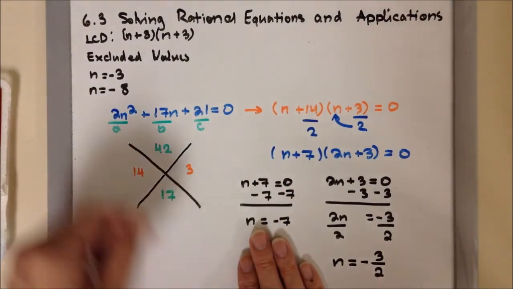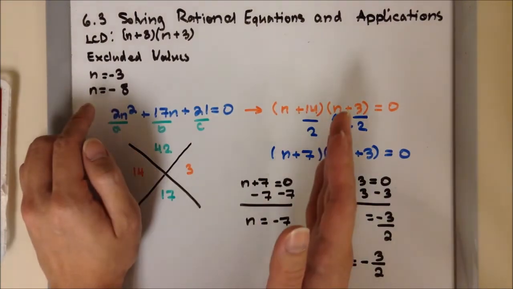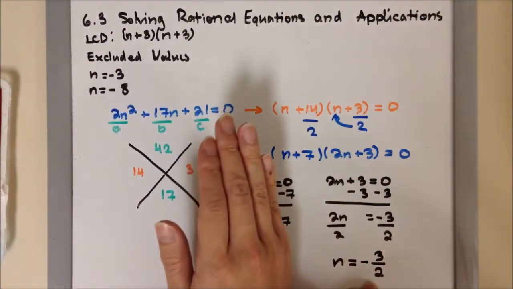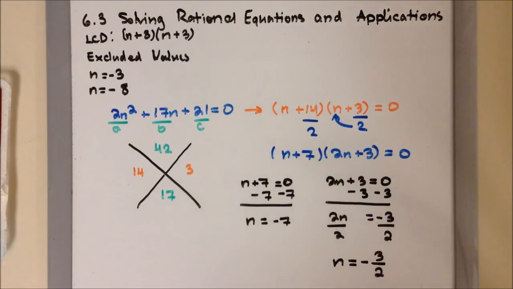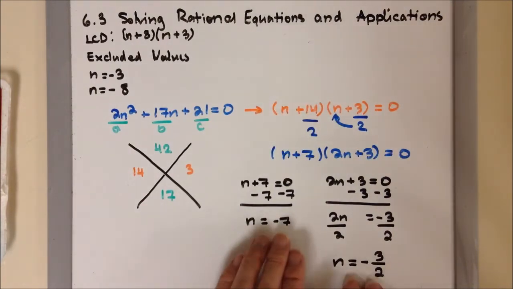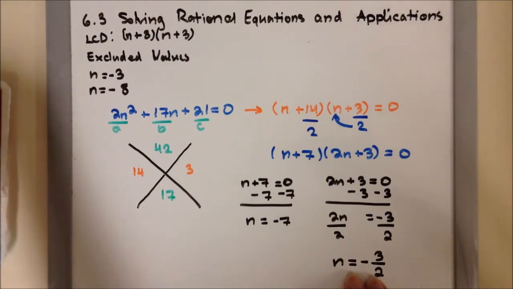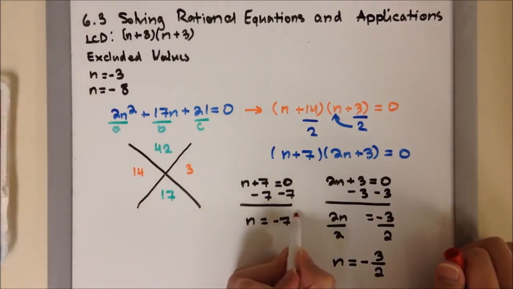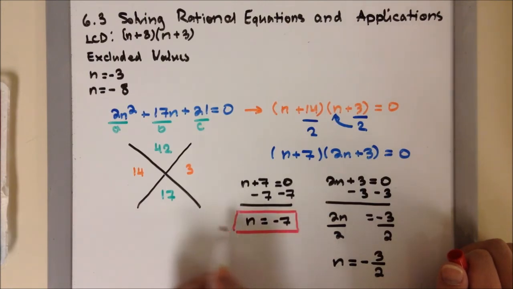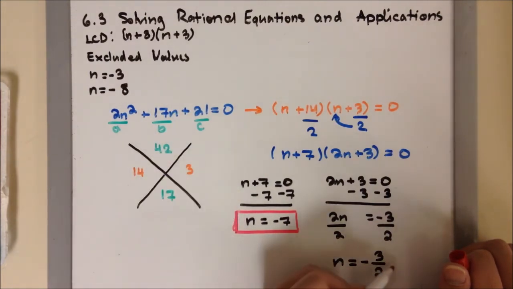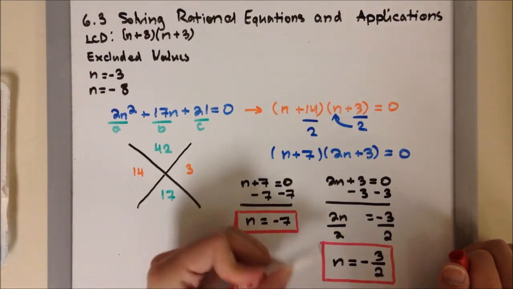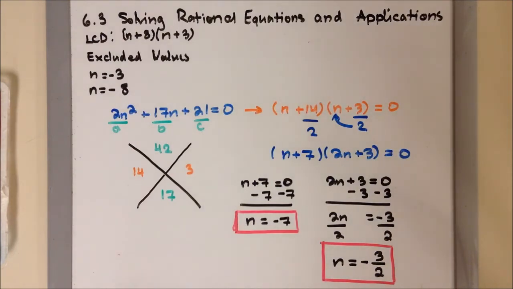Had it been negative 8, then again I would cross out that answer, and this would be our final answer, and vice versa. Since none of these answers matches with our excluded value, I am allowed to box both of them. So therefore we do have two answers for this problem. So n equals -7 and n equals -3/2.